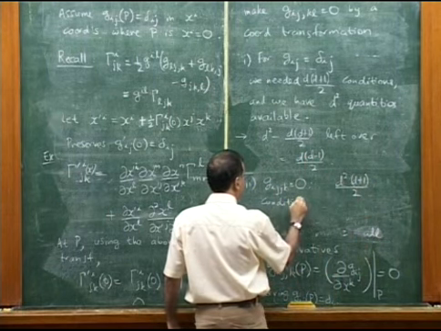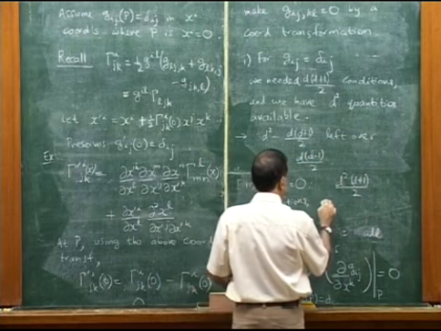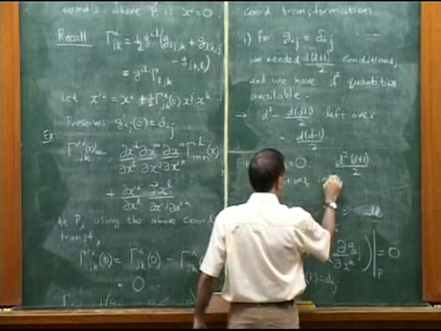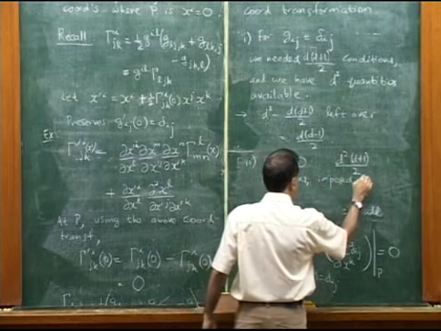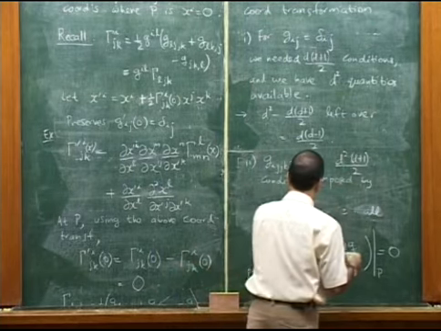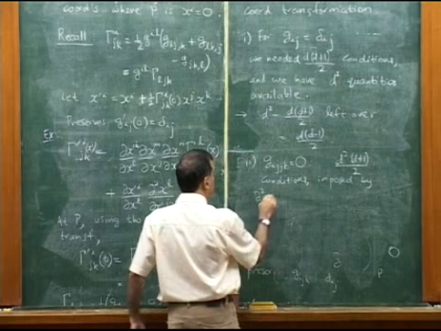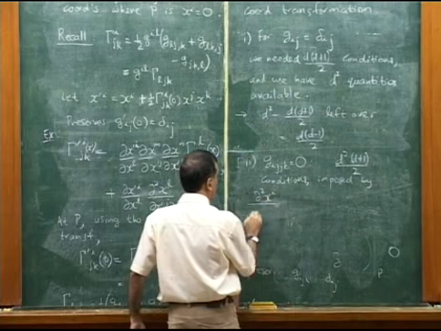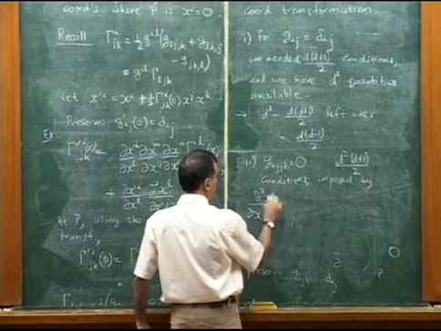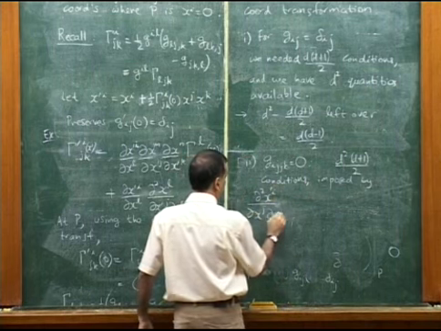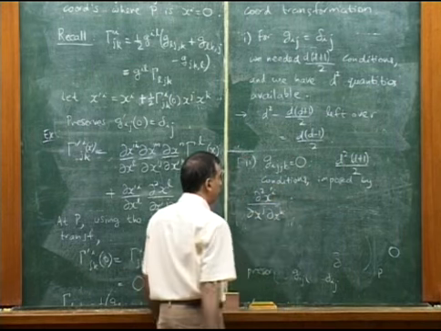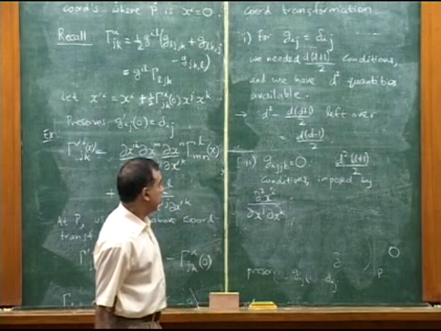And this time they need to be imposed by the second order change of coordinates. Del 2 x i by del x j del x k. How many quantities are these?